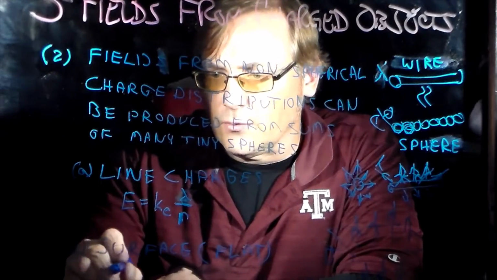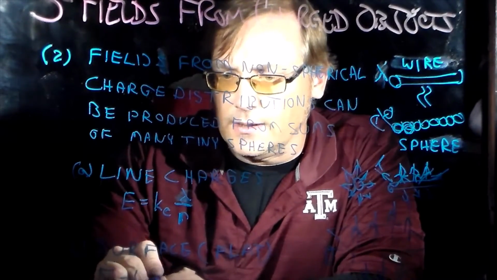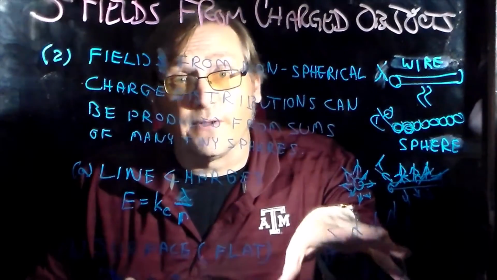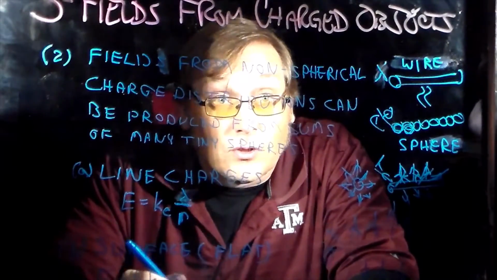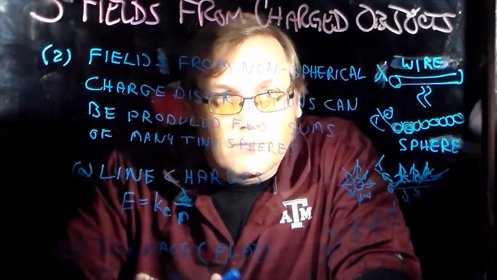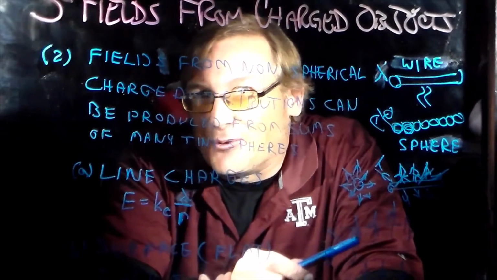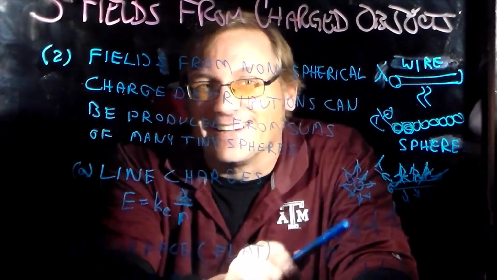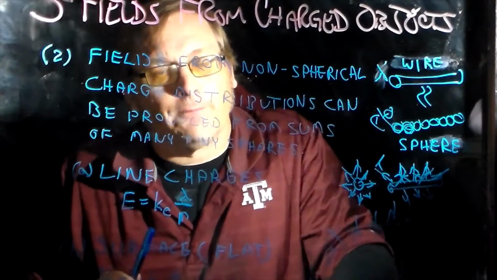Then the field is equal to 1/2 k_e times sigma. In that case, it turns out that this is a uniform field. That's how you get a uniform field, from a flat plate. When we talk about capacitors, the parallel plate capacitor, this is the reason why we end up doing it a lot, because the fields inside are nice and easy. And that's what we like, is the easy stuff, right? That's what we're going for.